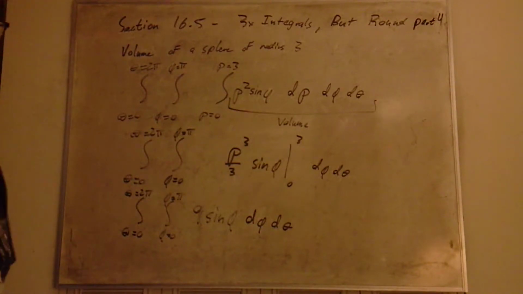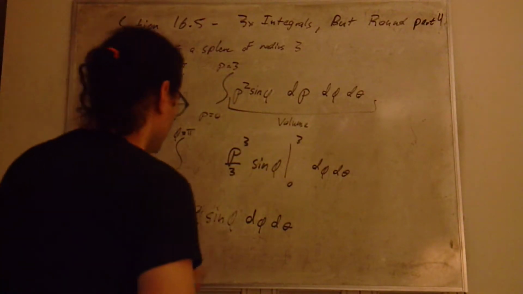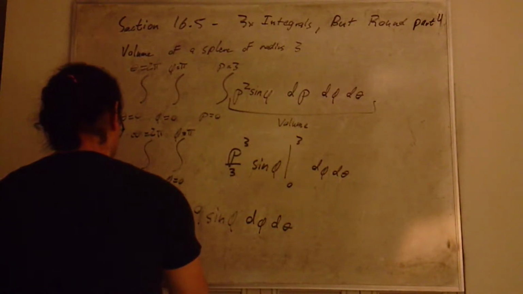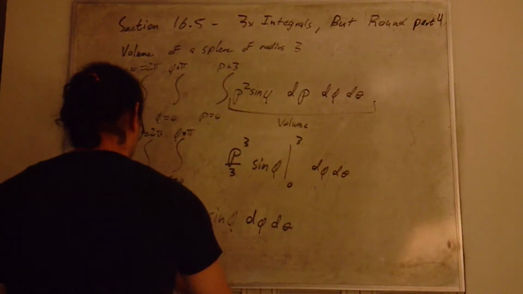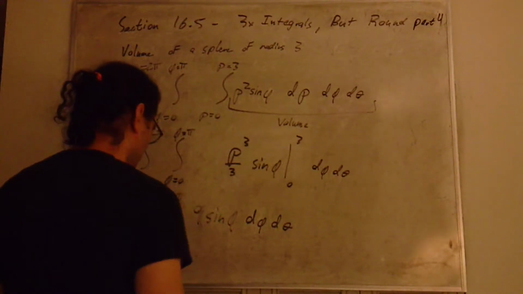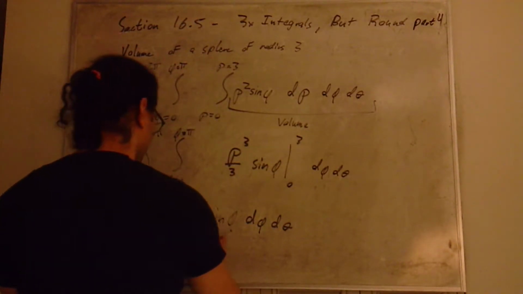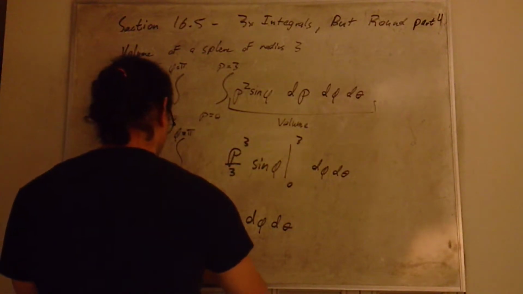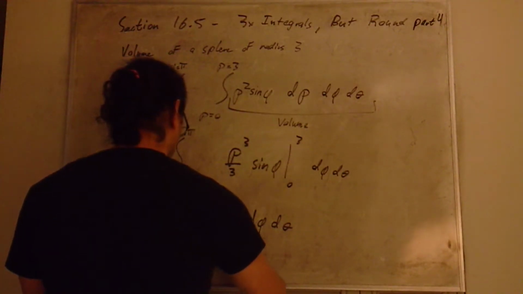So the integral of sine of phi with respect to phi should be, with theta still going from 0 to 2 pi and phi going from 0 to pi, and 9 gets to hang out, negative cosine. So this is negative 9 cosine phi.